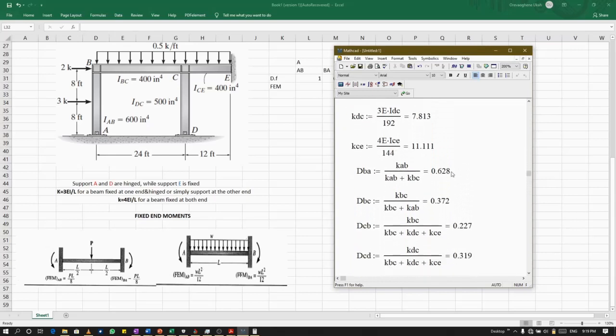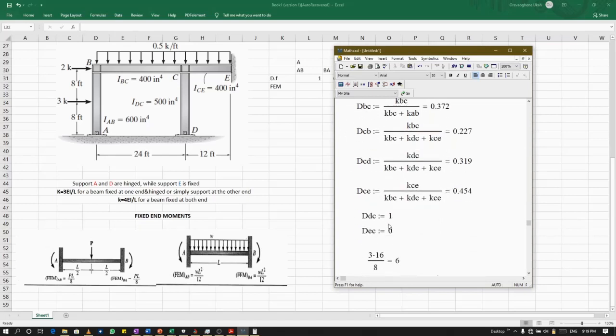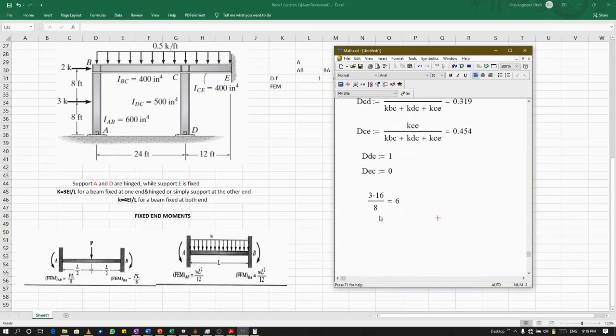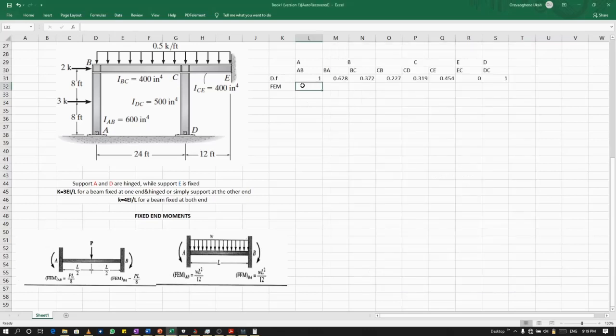So please do not fret, it's still the same thing. Now that we've gotten this, we can put what we have here. We have minus 6. We are taking counterclockwise as negative and clockwise as positive. So BA will be 6.